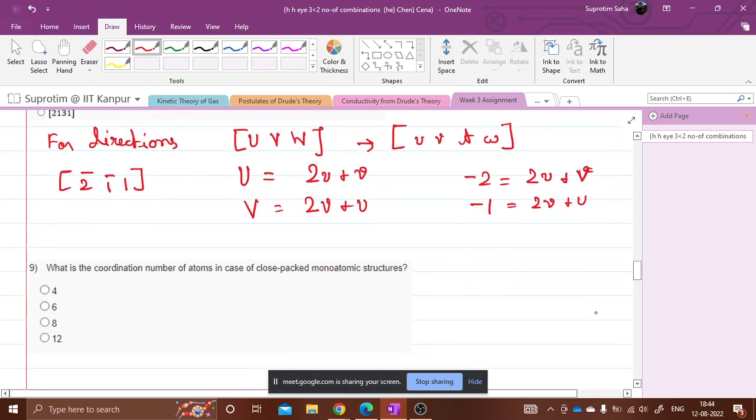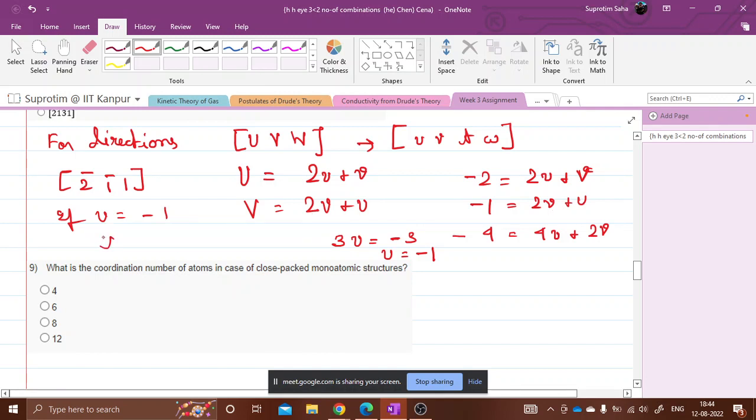So multiply the first with 2, so minus 4 is equal to 4u plus 2v, and just subtract this from this, so that will give you 3u is equal to minus 3. Therefore, u is equal to minus 1.